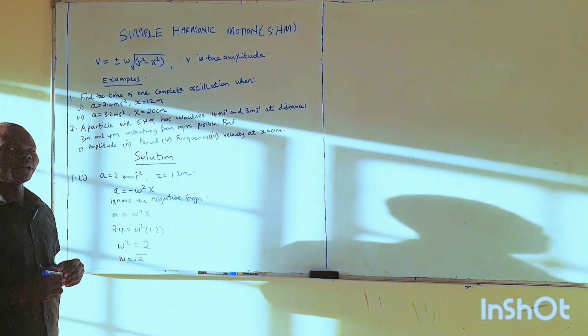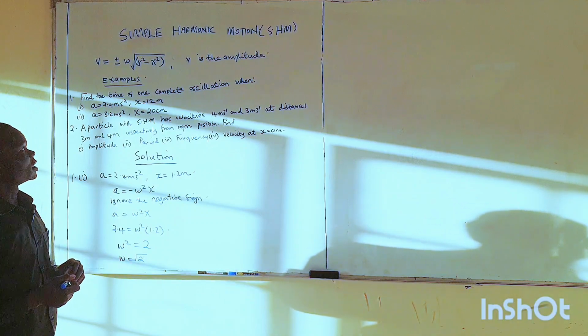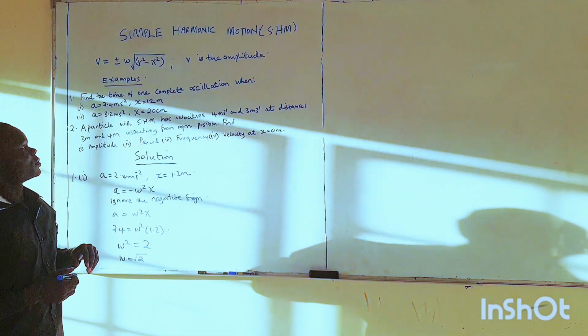This mu is what we call the angular velocity, and from angular velocity, there is no way we shall fail to get the time for one complete oscillation.